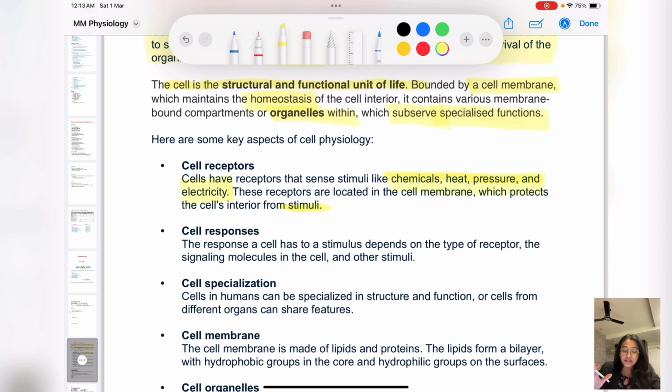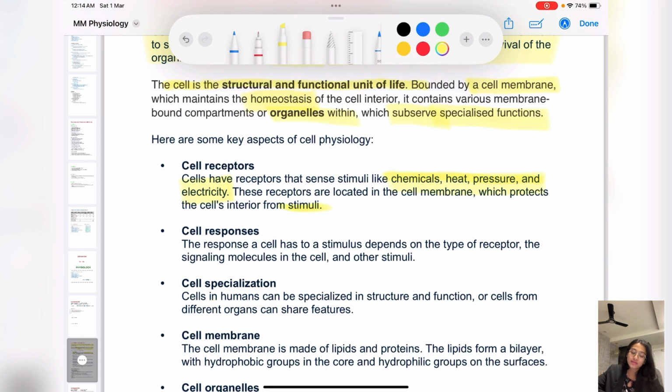If we touch a hot vessel, we react. So all that function is from the cell.